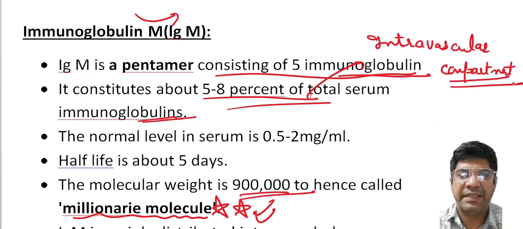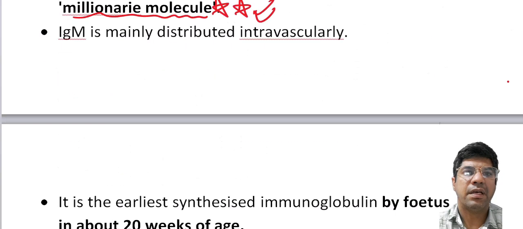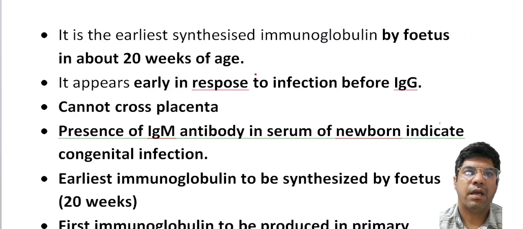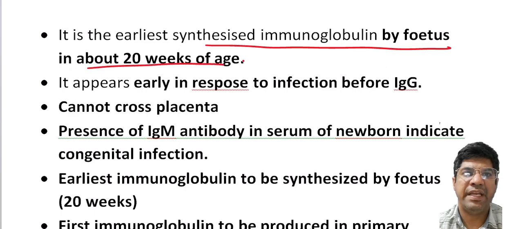IgM, remember, is considered the oldest immunoglobulin class from the evolutionary perspective. It is the earliest synthesized immunoglobulin by the fetus, at around 20 weeks of age.